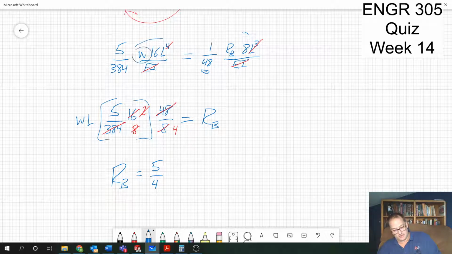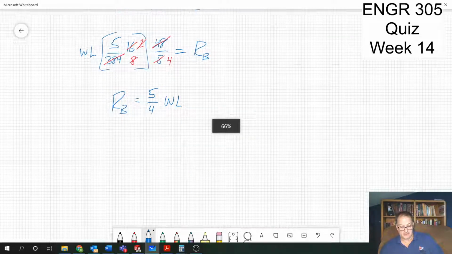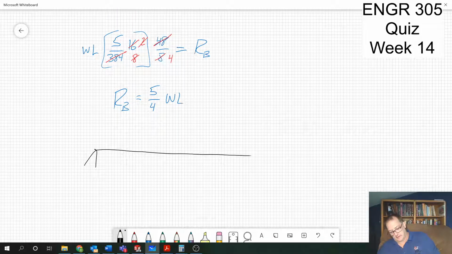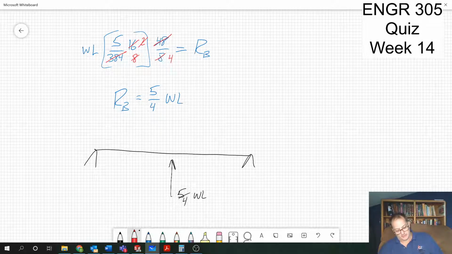It's right here. WL. And that's the correct answer that, if I look at my beam and I go back, 5/4 WL. And I should put my distributed load here.